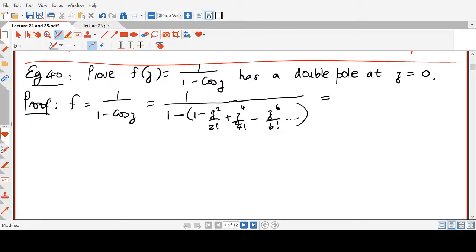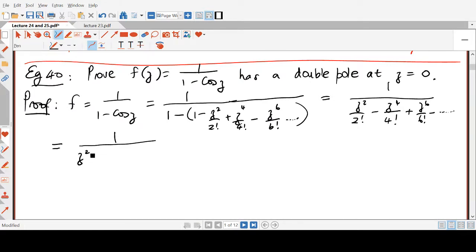Now, if you do 1 minus cos z at the bottom, you end up getting 1 over z squared over 2 factorial minus z to the 4th over 4 factorial plus z to the 6th over 6 factorial, and so on. Then I pull out the z squared from the bottom: z squared times 1 over 2 factorial minus z squared over 4 factorial plus z to the 4th over 6 factorial, etc.